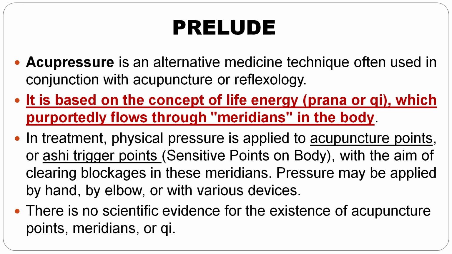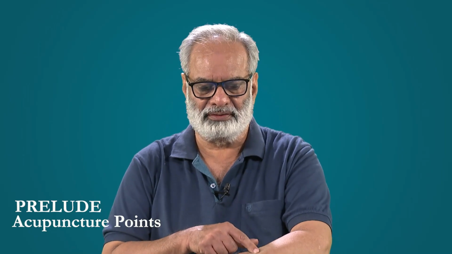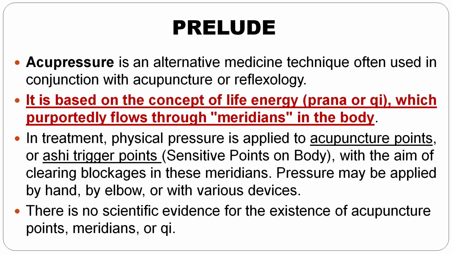It is based on the concept of life energy, prana or chi, which purportedly flows through meridians in the body. In treatment, physical pressure is applied to acupuncture points. Those points are called Ashe trigger points, meaning sensitive points on the body, with the aim of clearing blockages in these meridians.